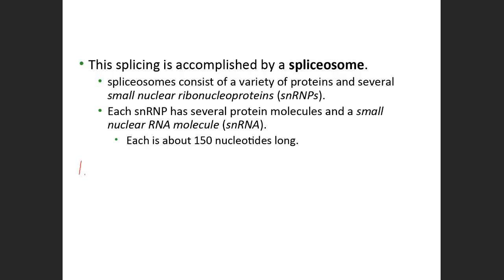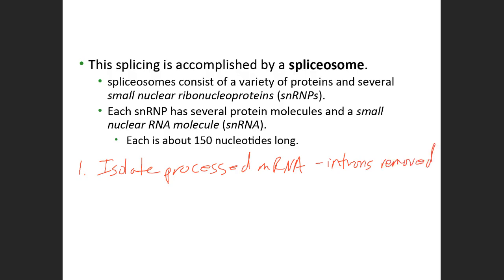Well, we know that eukaryotic cells do make something that's nice and good, with all the introns removed. So you could isolate the processed messenger RNA where the introns have been removed already, right?